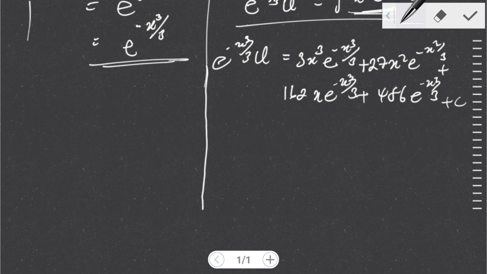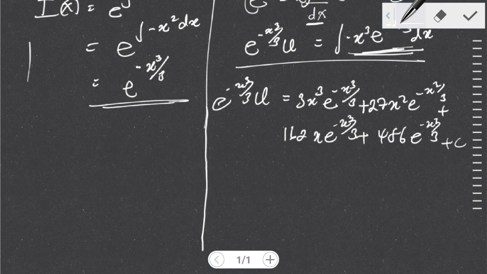So you find that after integrating this, that's inside here, this is what you're going to get.